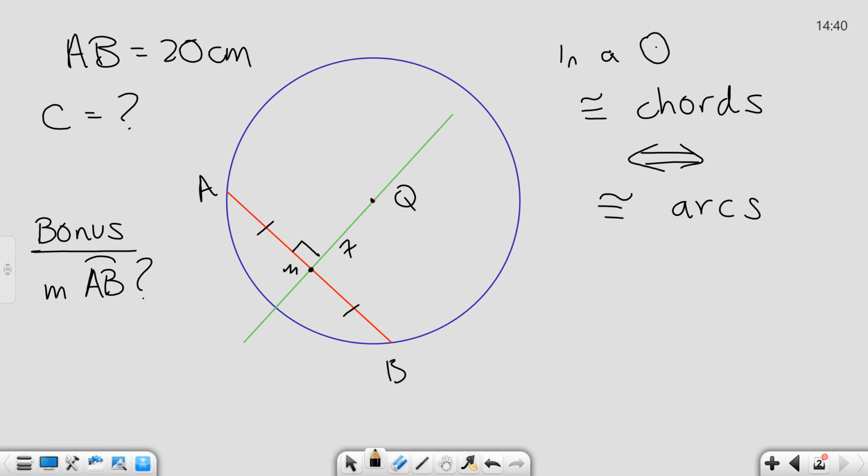10 squared, 10 squared. We'll just find the chord is 20.